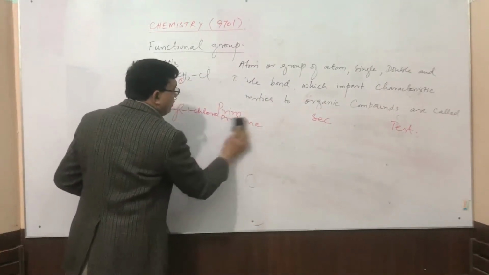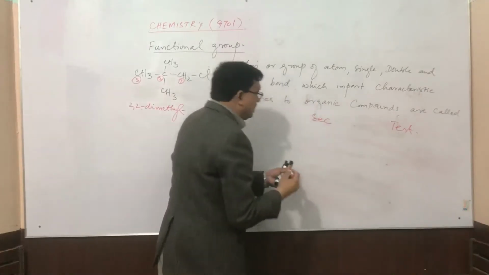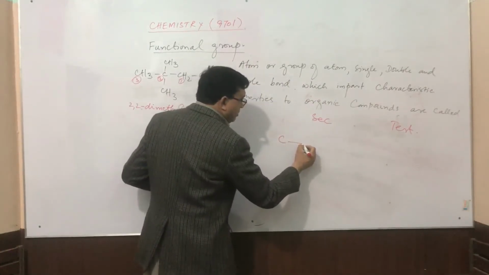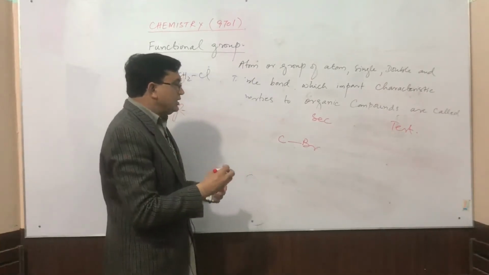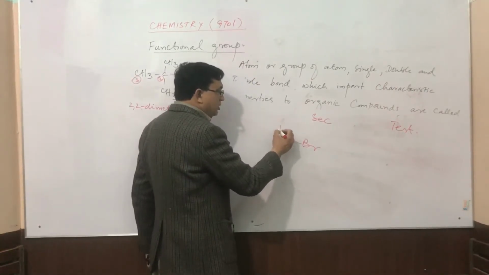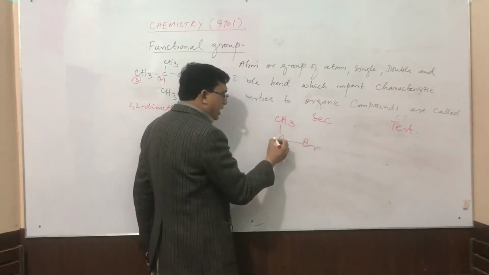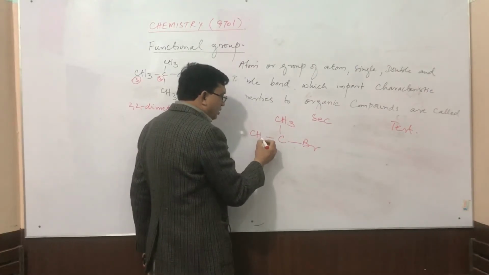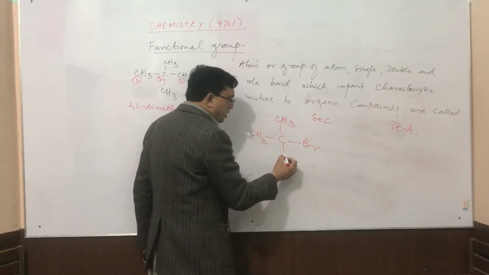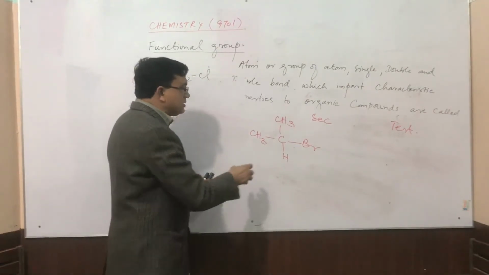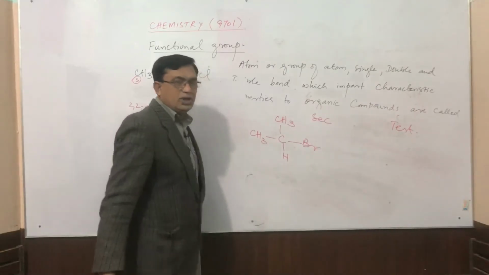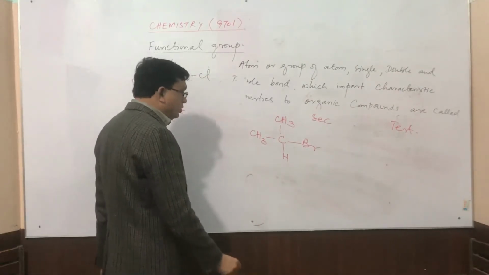Now, in case of secondary halogenoalkanes, the carbon atom containing halogen group is directly attached with 2 carbon atoms minimum, or which contain only 1 hydrogen atom with it. This is called as a secondary halogenoalkane.